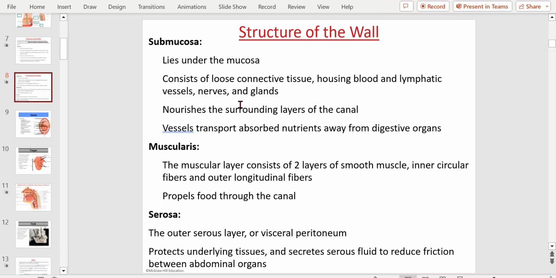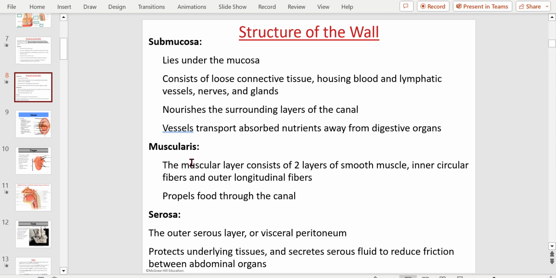Submucosa lies under the mucosa layer, consists of loose connective tissue, houses blood and lymphatic vessels, nerves, and glands, nourishes the surrounding layers of the canal, and vessel transport absorbs nutrients away from the digestive organs for sure.